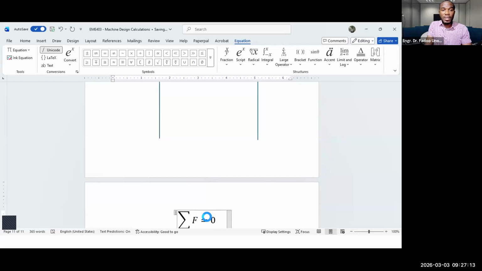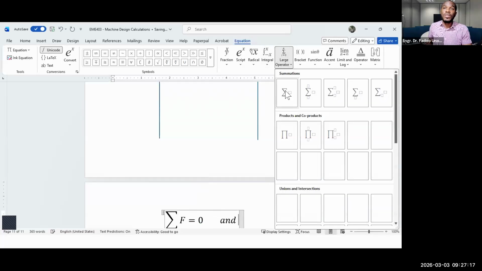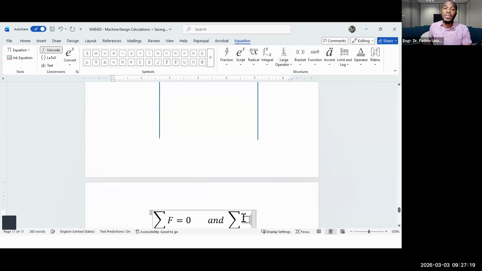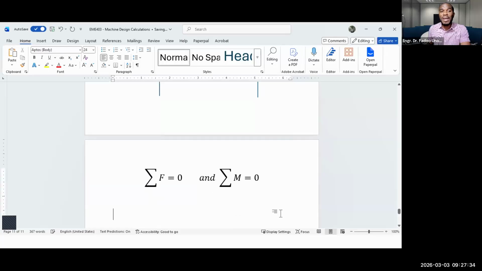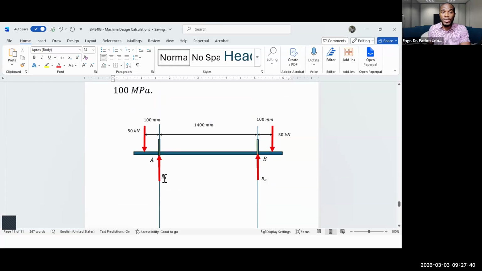And the summation of all the moments that are acting on that body about a given point should also be 0. So we're going to apply these two equations to determine the values of your reaction forces at point A and at point B.